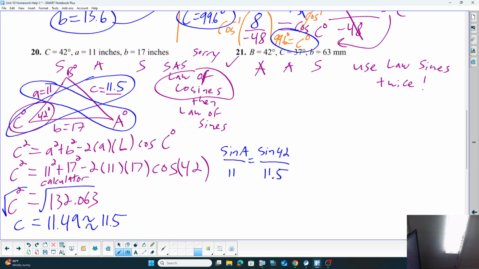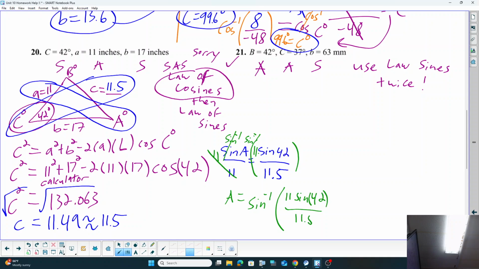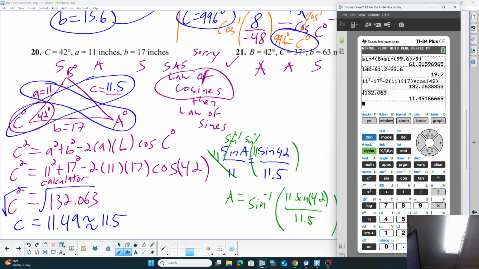Okay, then we're going to multiply by 11 over to the other side, and then we're going to inverse sine. If you do it on one side to solve for A, you have to inverse the whole other side. So that's basically the inverse sine of 11 sine 42 all over 11.5. Go ahead and plug that into your calculator now.